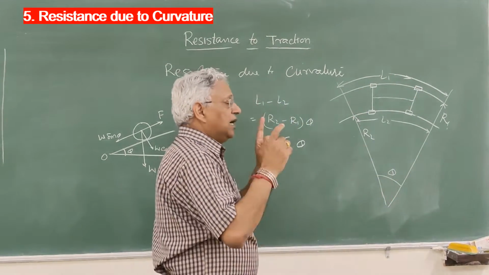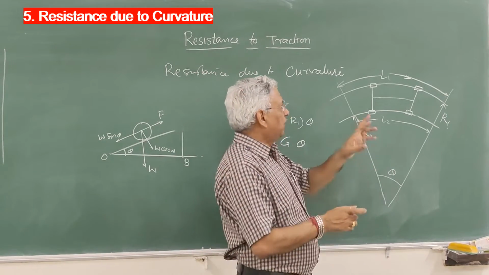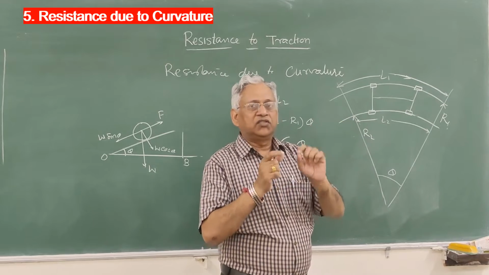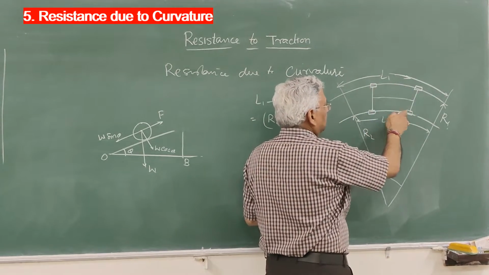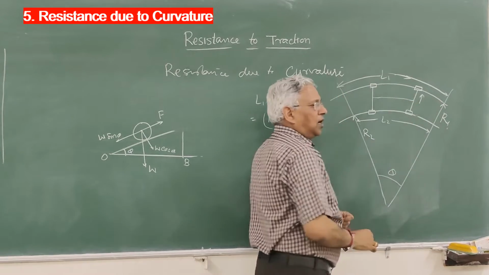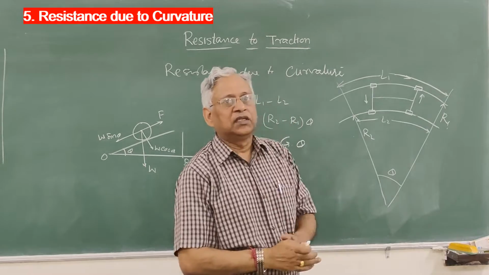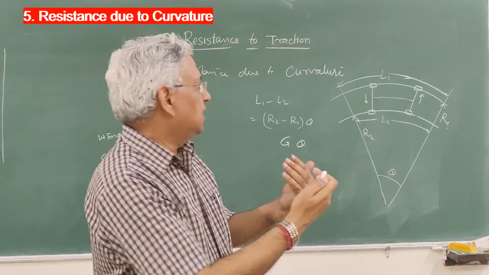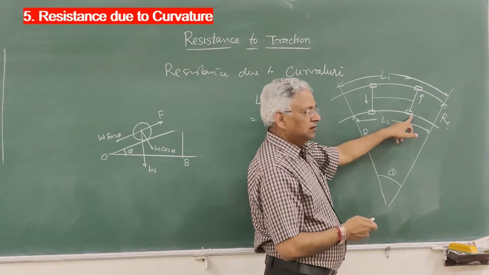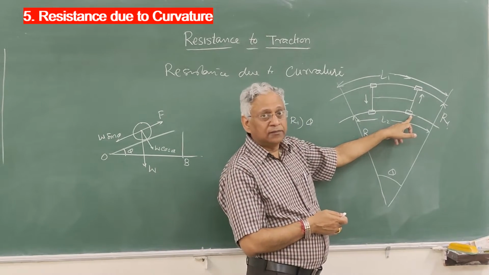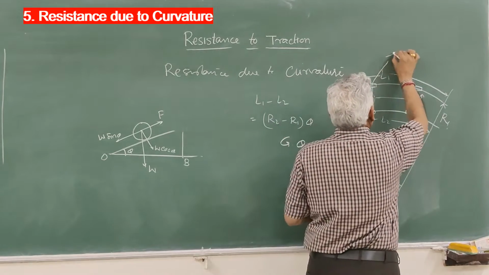But as we discussed in the case of coning of wheels, the full advantage of coning of wheels is not achieved on horizontal curve because of this rigidity of the wheel base, and therefore when it moves outward, the inner axle, the rear axle will move inward. So this wheel now tending to derail, and similarly this wheel tending to derail.